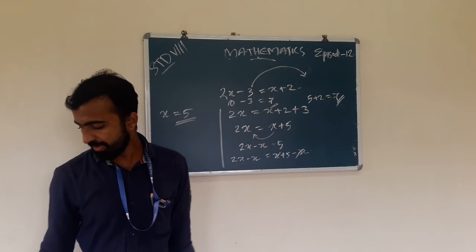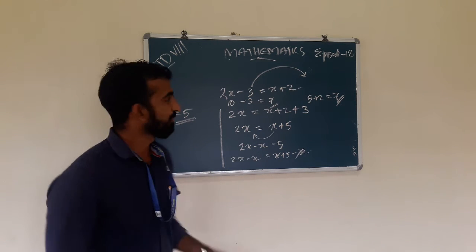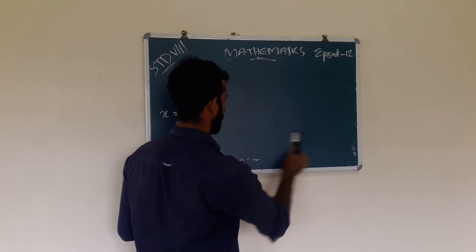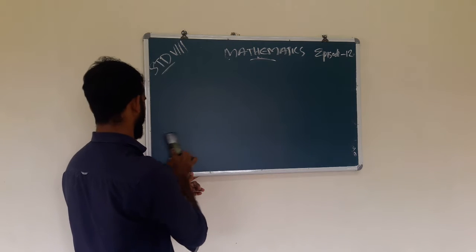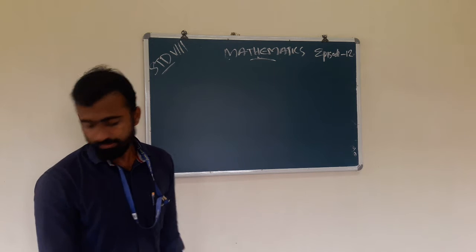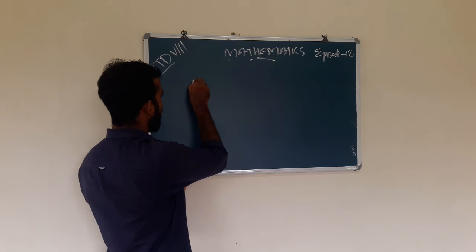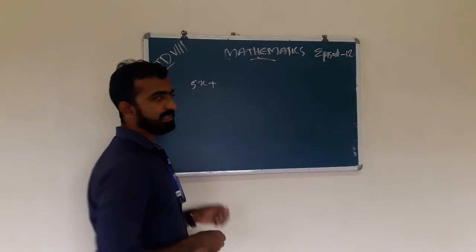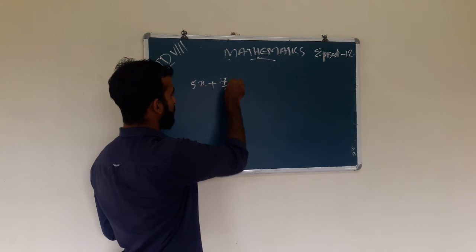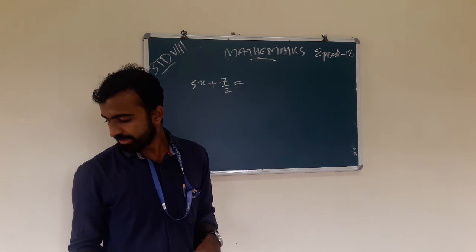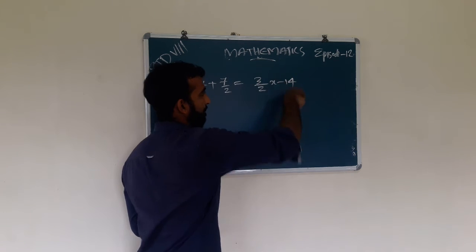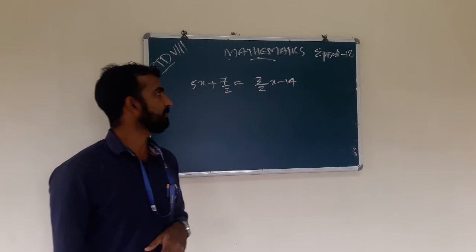Okay, and the next example is example 30. 5x plus 7 by 2 equals 3 by 2x minus 40.